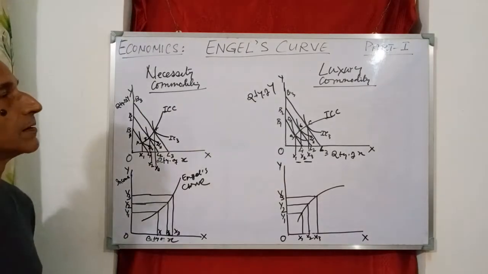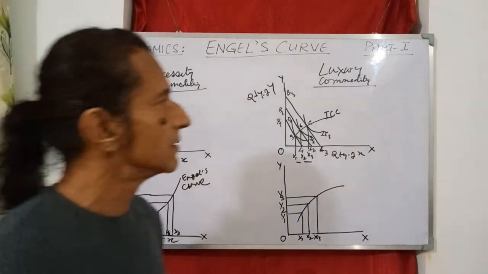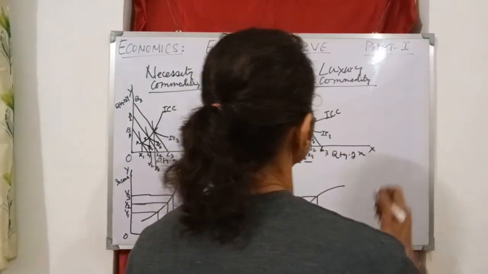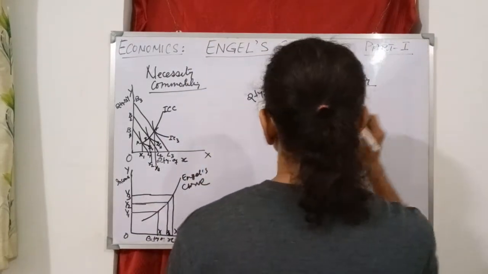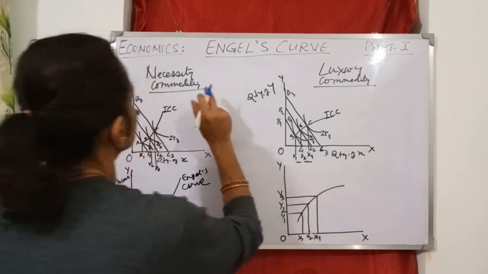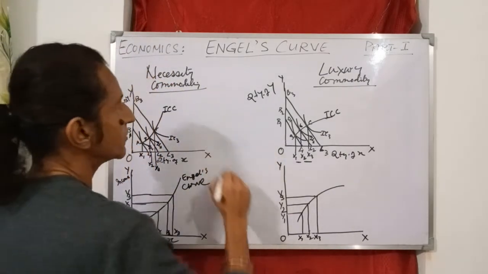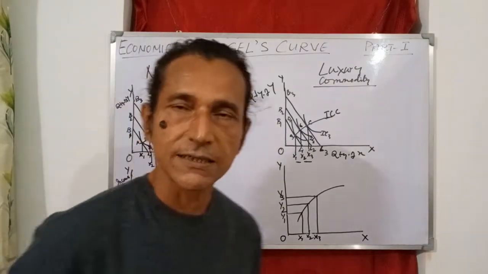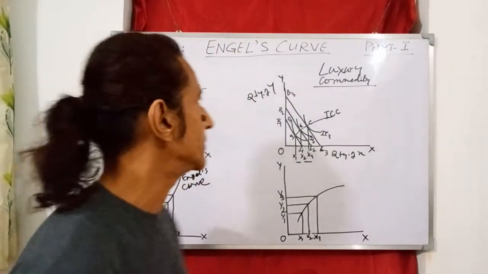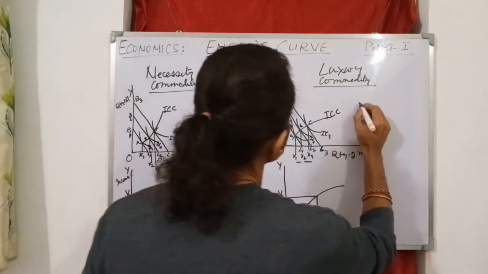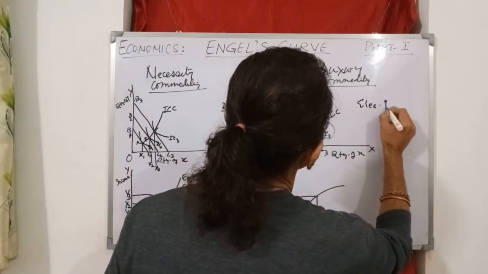Now we can take an empirical example. We considered rice as a necessary commodity and electronic gadget as a luxury commodity. Say here we measure rice and here electronic gadget.